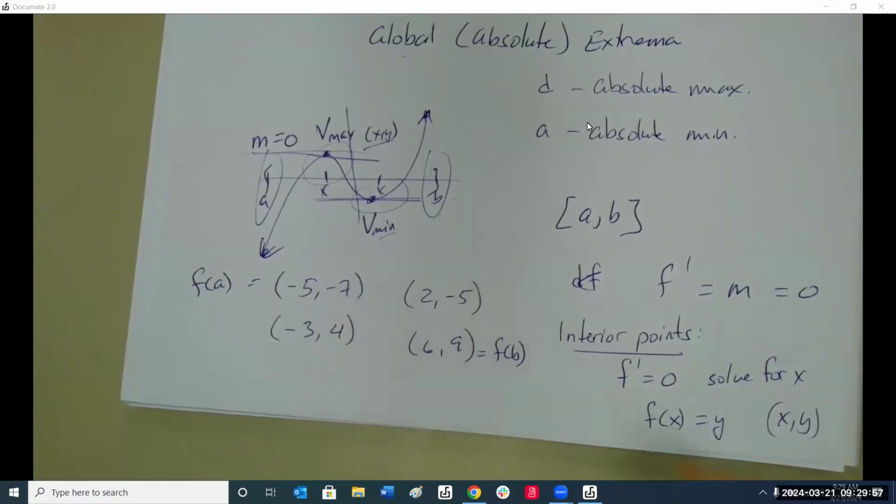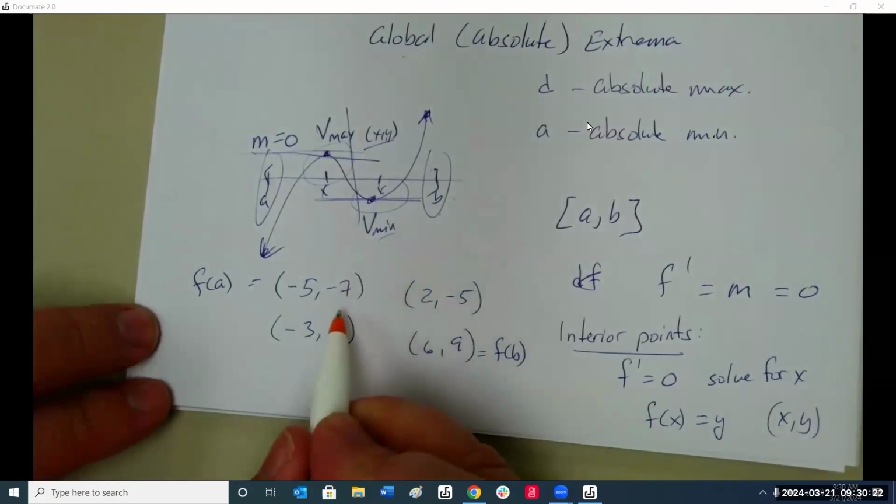Let's now say these are all the points that we found. They're all local maxima or minima. Do we have an absolute maxima, absolute minima? Where's the absolute minima? Looking at these points, well, look at the y values.